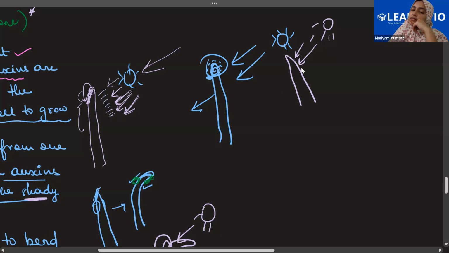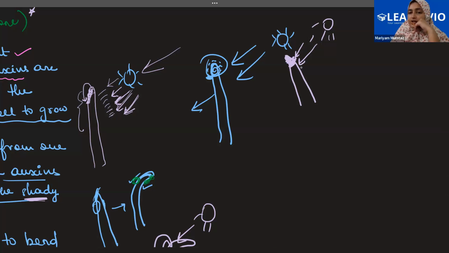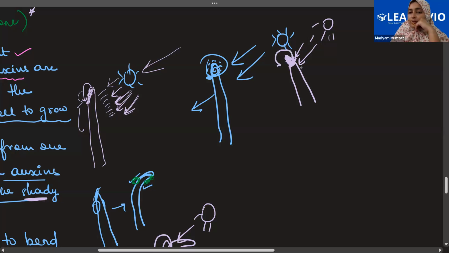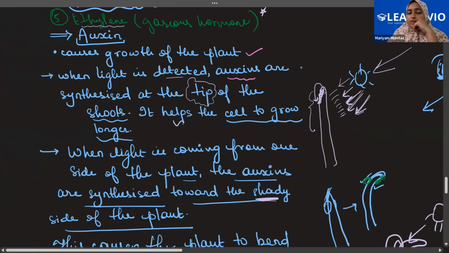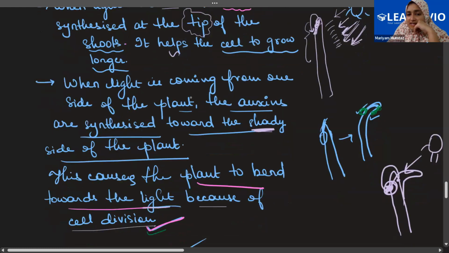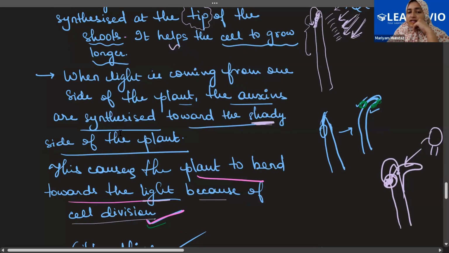We know that the auxin is present at the tip of the stem, right? So as soon as the light falls on it, the auxin will migrate to the part which is not directly lit by the light. So when light is coming from one side of the plant, the auxins are synthesized towards the shady side of the plant. It goes to the part that is not getting direct sunlight.